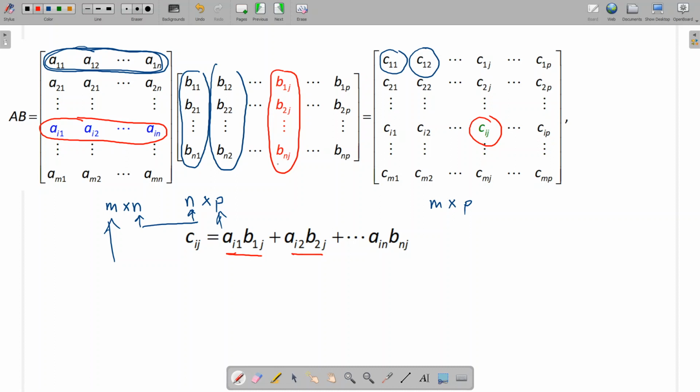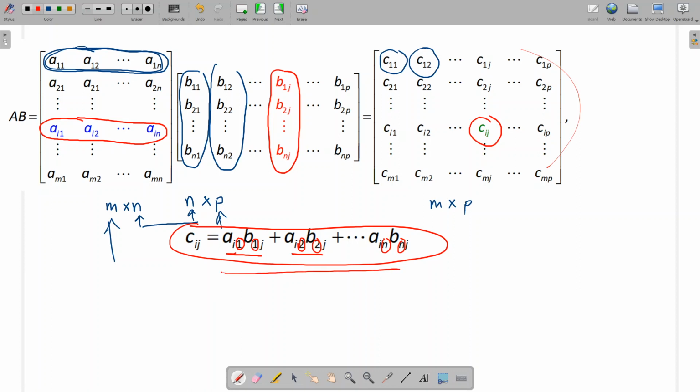And you just keep going until you get to the final element, which is A sub in times B sub nj. The thing to notice here is that the second subscript always matches the first subscript, and that's because this is in the column position corresponding to the row position for this element, and that's true all the way across. So this formula right here actually defines how to do matrix multiplication in general. Every single element in this matrix on the right is generated by this expression here.